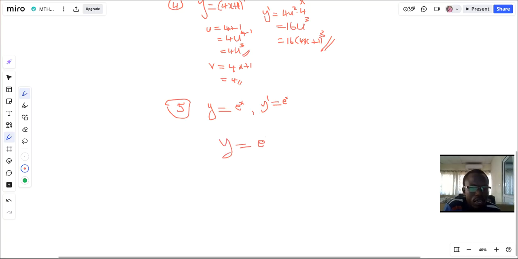Don't get confused. Let's say you have e power 2x. This is a chain rule.